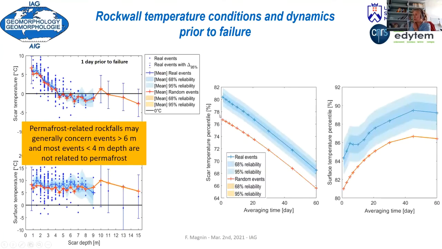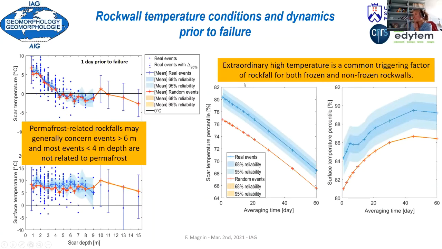Then if we look at the scar temperature percentile, this is the real value and this is the random event. Back to this figure, you see that we have a similar pattern, but here the pattern is very different. We see that the real events have a significantly higher percentile, which means that they are significantly warmer than the random events. Whether we look at the scar temperature or the surface temperature, it is the same.